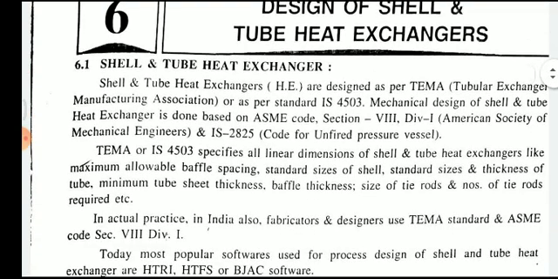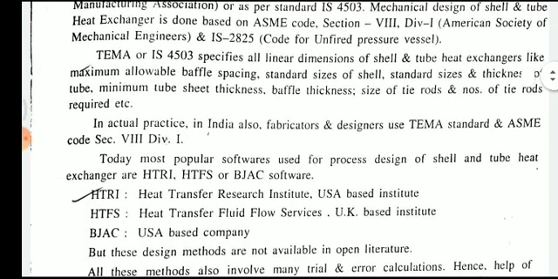TEMA or Indian Standard 4503 specify all linear dimensions of shell and tube heat exchanger, like maximum allowable baffle spacing, standard size of shell, standard thickness of the tube, minimum tube sheet thickness, baffle thickness, size of tie rod, and number of tie rods.